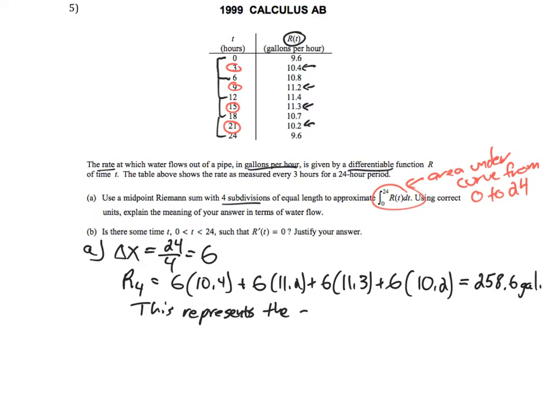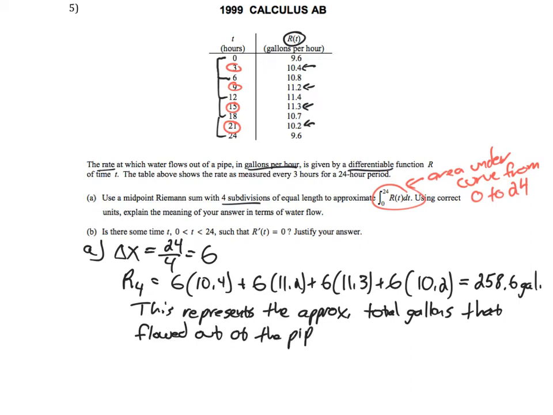So this represents the approximate total gallons that flowed out of the pipe. And this is where you need to really be specific. Is it just for the history of the pipe?